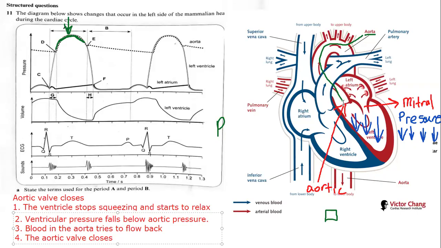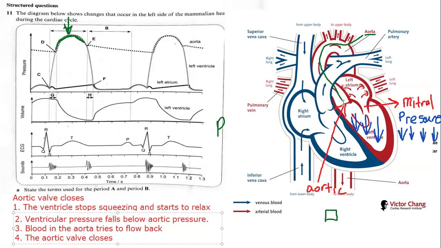So when the ventricle goes into diastole and stops squeezing to relax, the ventricular pressure starts to fall below the aortic pressure. So the blood will try to flow back into the ventricle. That's why the aortic valve closes, so it prevents the backflow of blood.